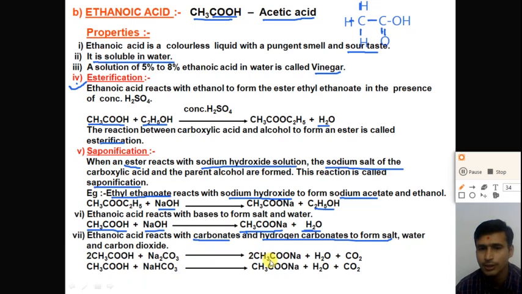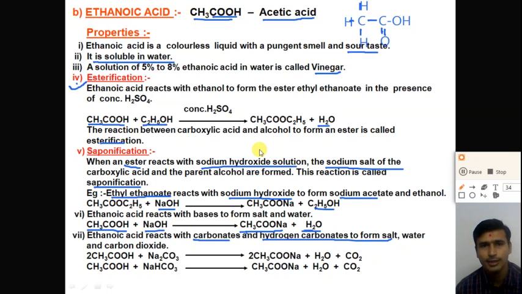It gives sodium acetate CH3COONa, water and carbon dioxide. Similarly, ethanoic acid CH3COOH reacts with sodium hydrogen carbonate NaHCO3, giving CH3COONa, sodium acetate, water and carbon dioxide. So these are the important properties of ethanoic acid.